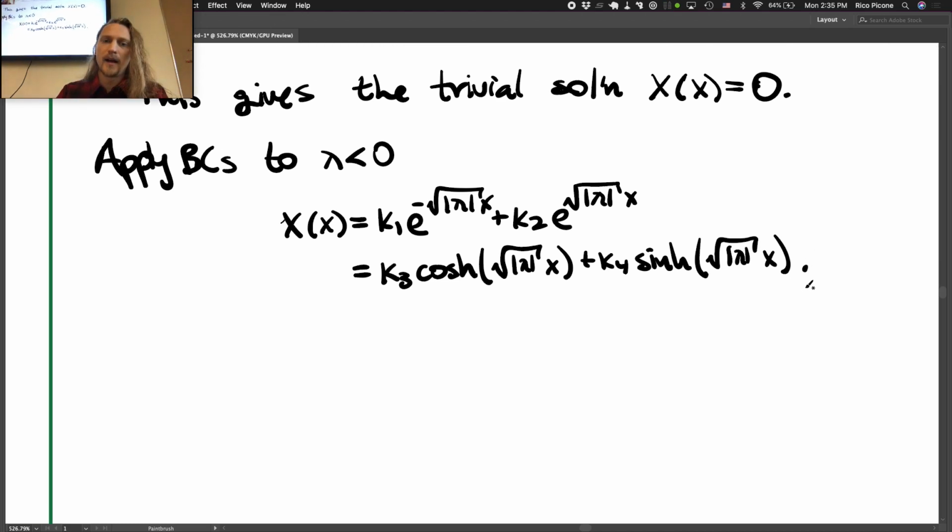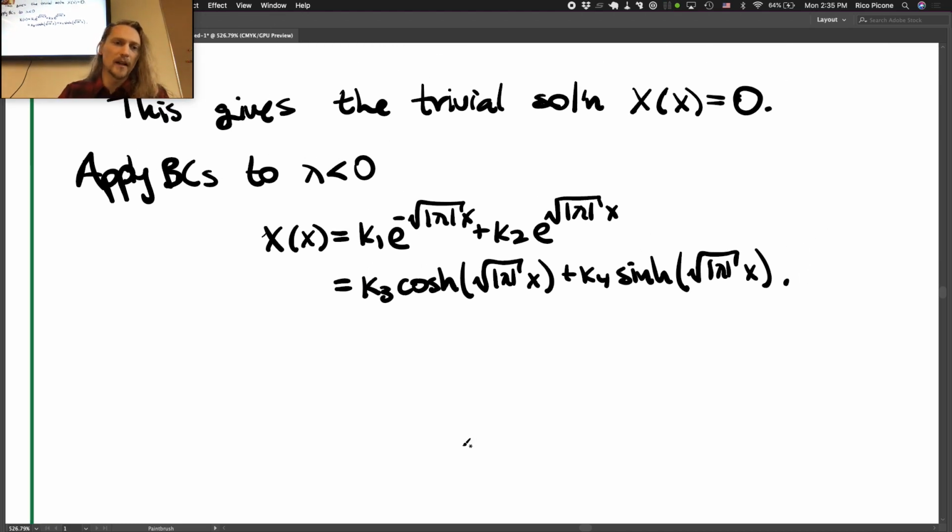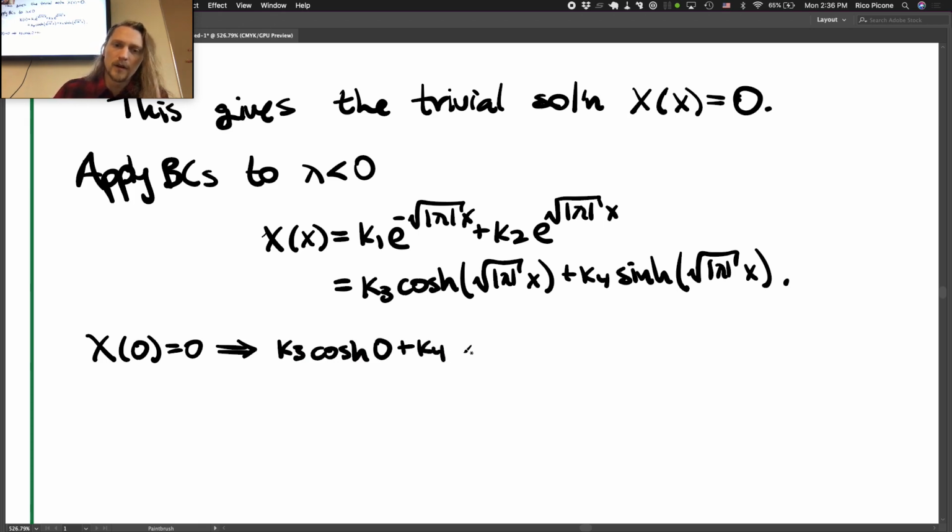So now we can apply the boundary conditions again. So we've got X of 0 equals 0, which tells us that we've got k3 cosh 0 plus k4 sinh 0 equals 0.